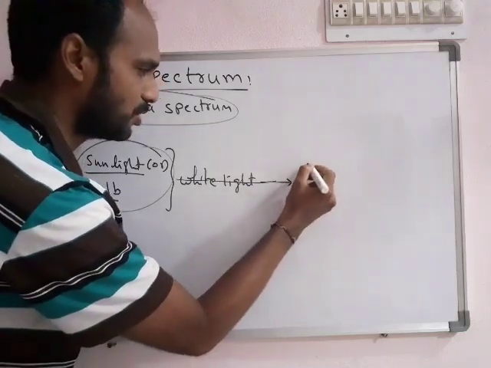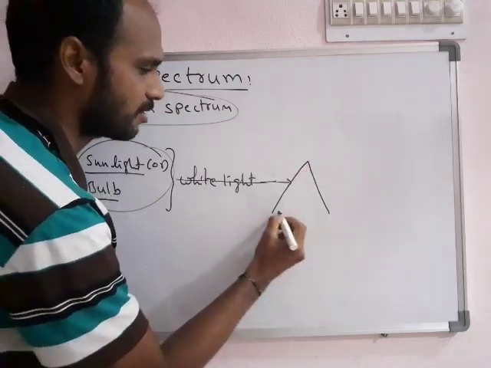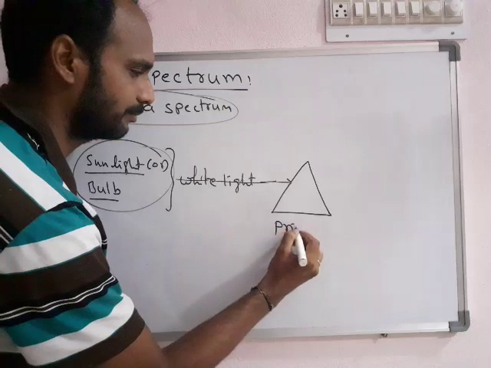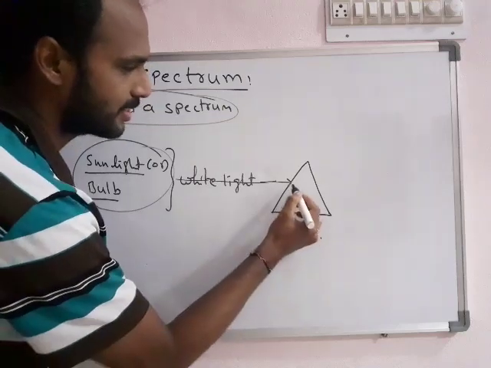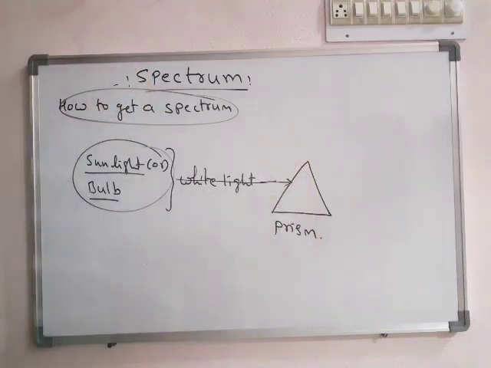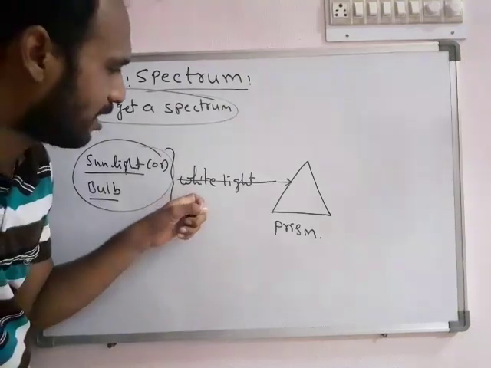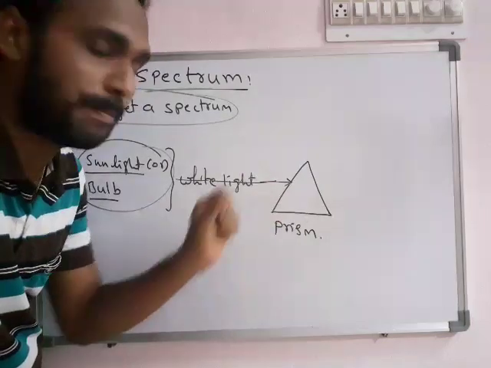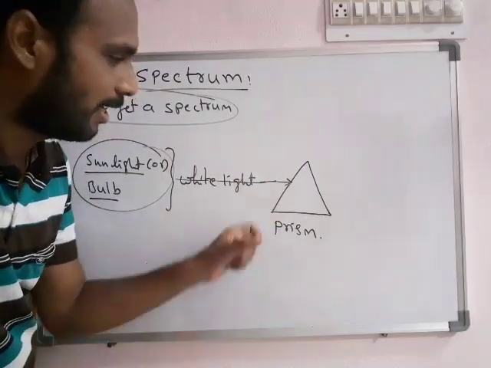the light is passed through one of the surfaces of the prism. Take this is the prism, okay. So is it prism pipe పంపిస్తాం. For example, here we are taking the white light. Here white light is analyzed through prism, okay.